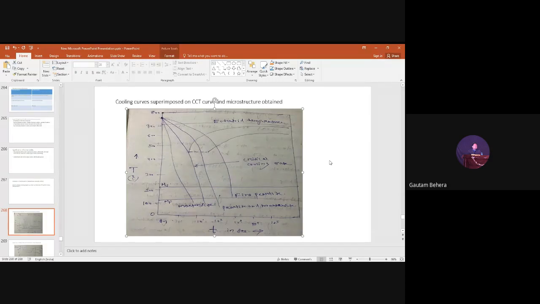Jnanananda, can you answer this one? Why is this cooling curve producing fine pearlite? The first question is why it will form pearlite. Next, why is it fine pearlite, why is it not coarse pearlite? Jnanananda? Jnanananda, you are there?